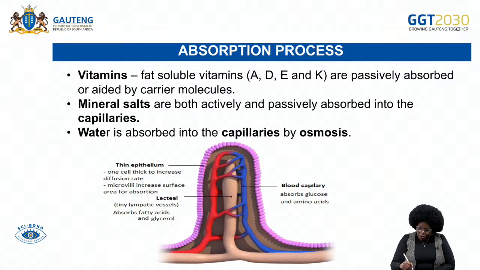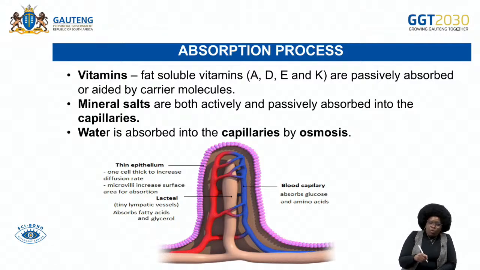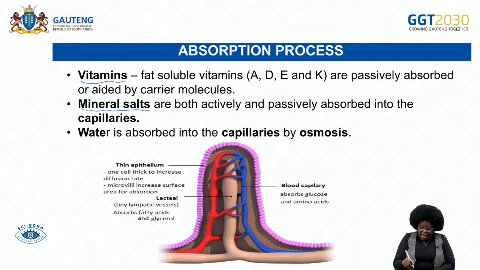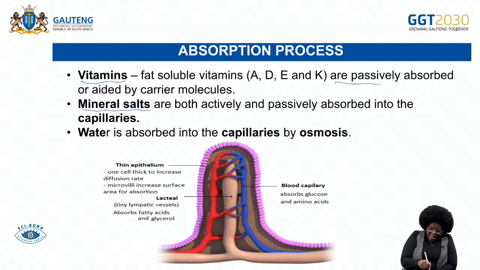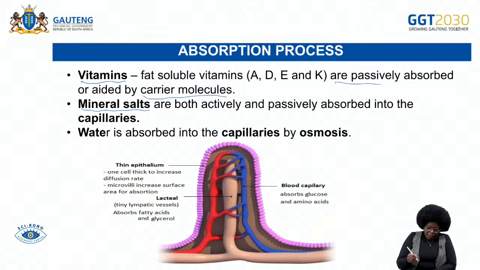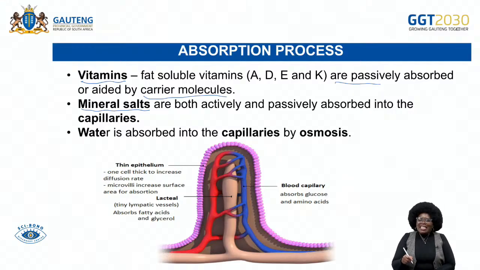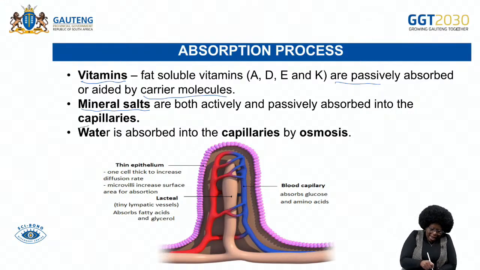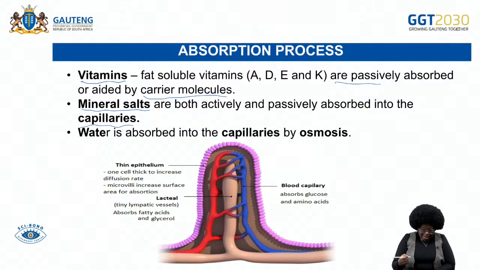However, we have got other forms of foods. We've got vitamins and mineral salts. Vitamins are passively absorbed, aided by a carrier molecule. Do you know the carrier molecule? It's ATP. Mineral salts are both actively and passively absorbed into the blood capillaries.